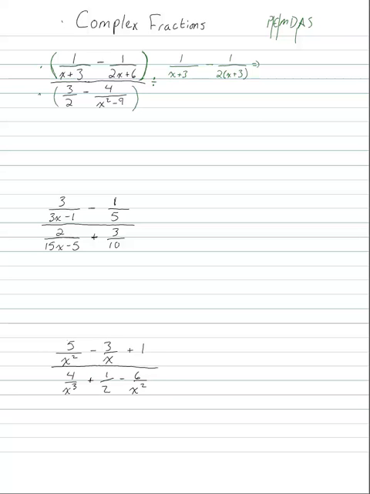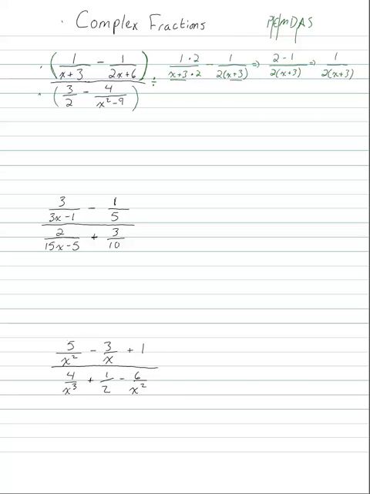I just need to find a common denominator. You've got the x plus 3's in common. The first one would just need to be multiplied by 2. So 2 minus 1 over 2 times x plus 3. The second one didn't need to be multiplied by anything. So 1 over 2 times x plus 3.